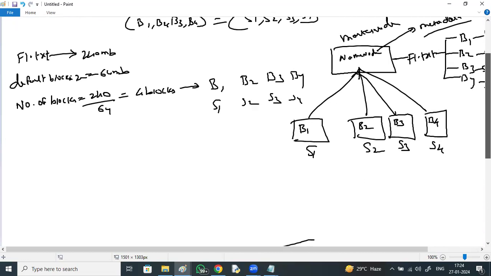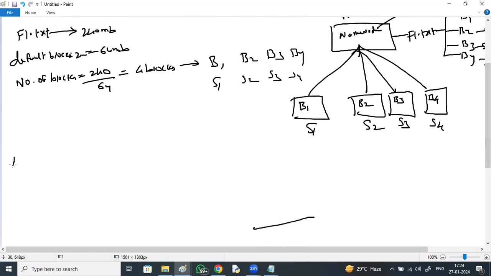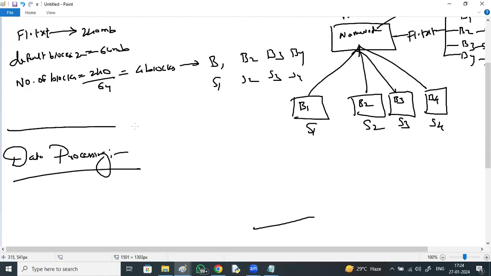And if you talk about data processing in Hadoop, the job is to process f1.txt.